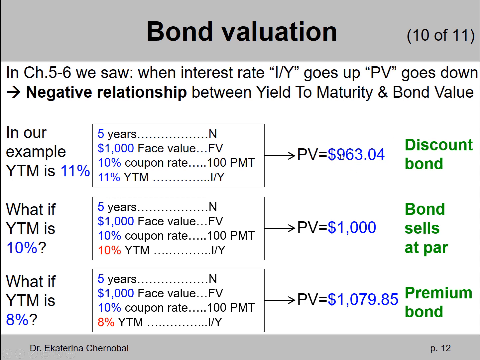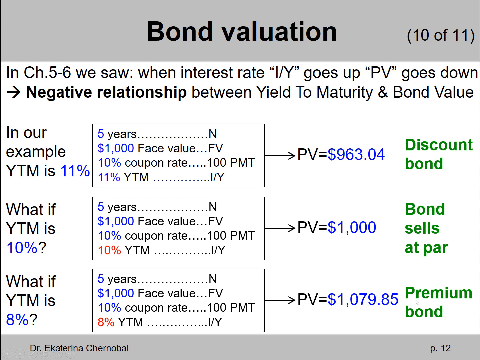So you're lending $963, but you're getting back $1,000 in future value, in face value, together with all the interest until then. If instead the bond present value is above $1,000, like in the last case with the 8% yield to maturity, right?